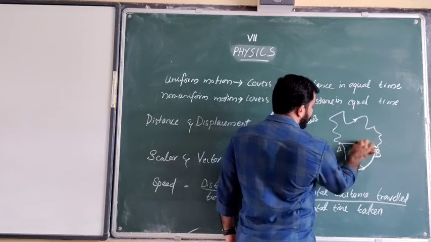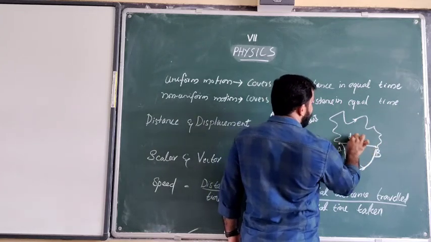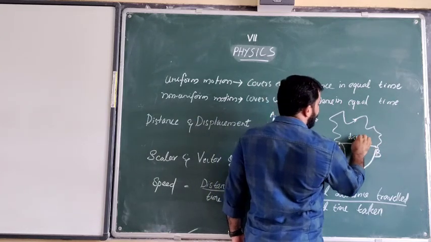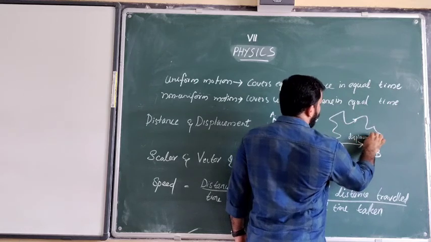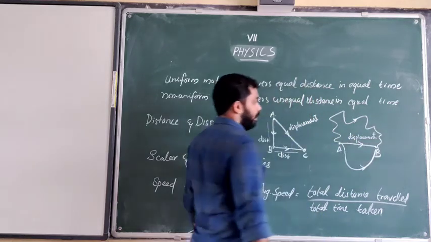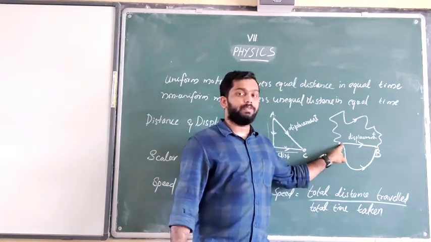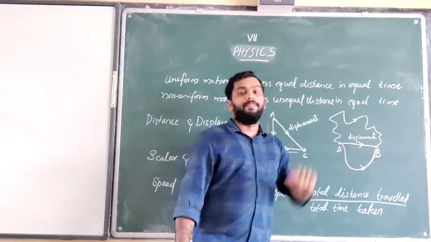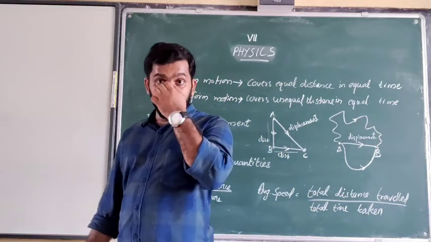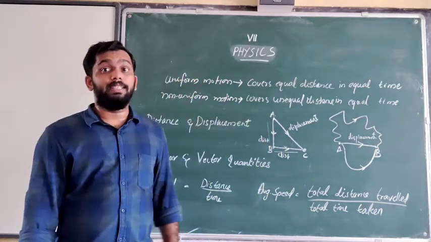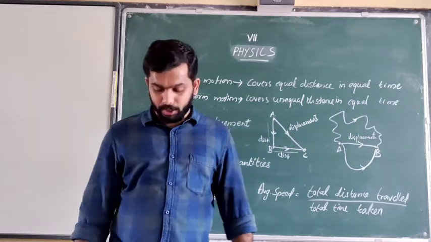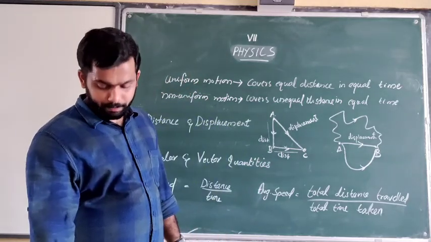It will be this one. This is the shortest distance, and this is called displacement. Displacement is the shortest possible distance from the initial position to the final position, whereas distance is the total length traveled by that object. I hope you understood.